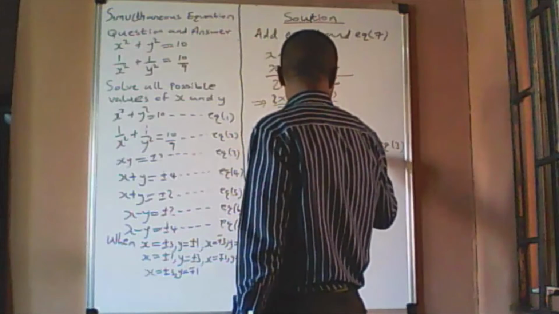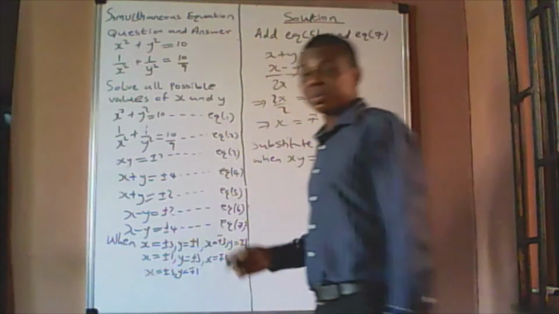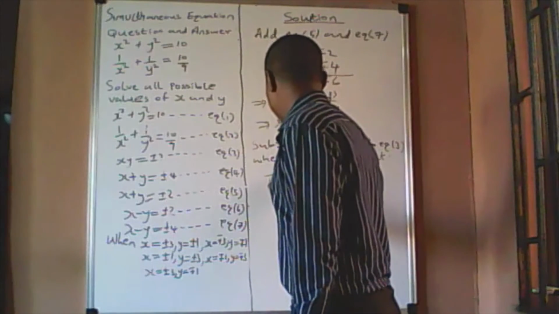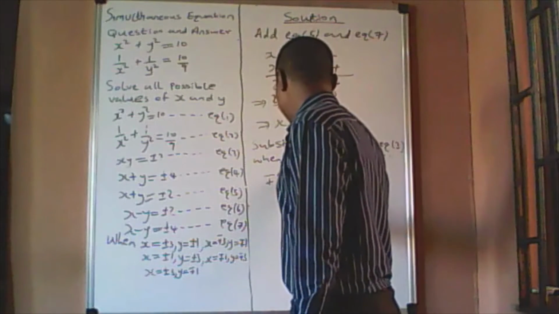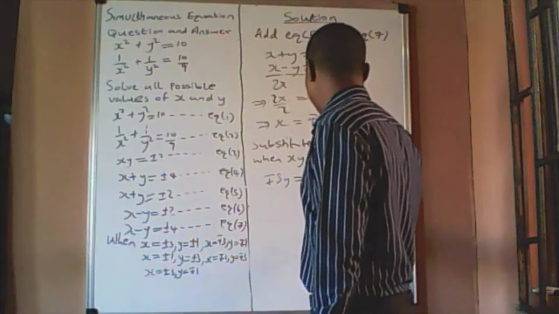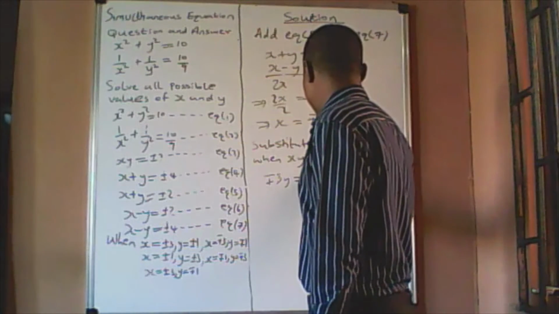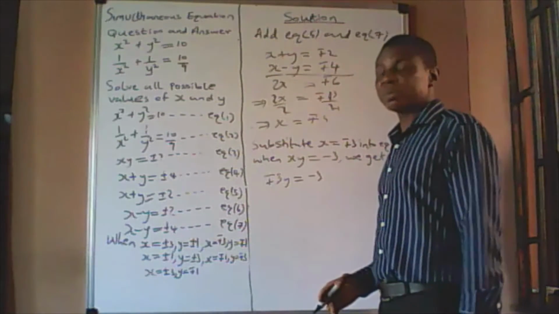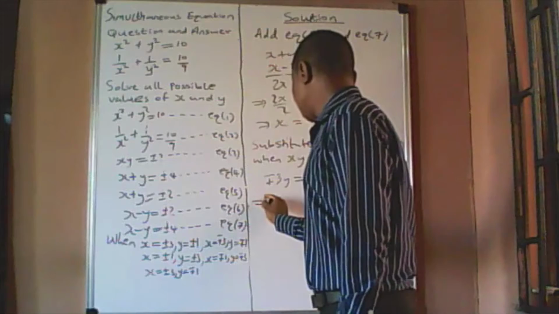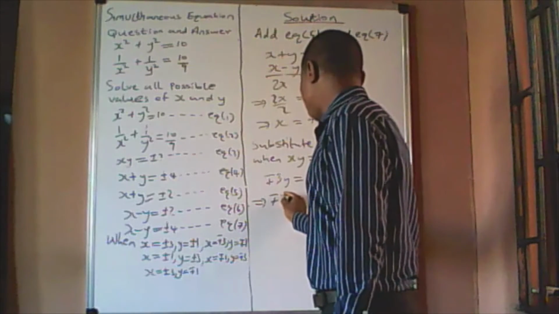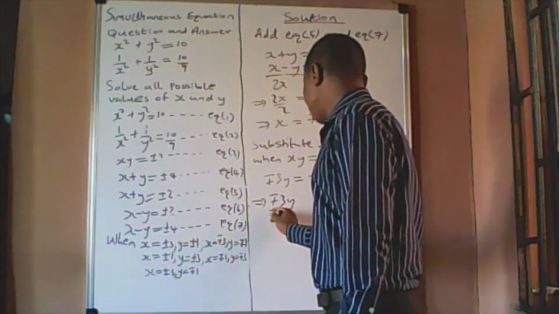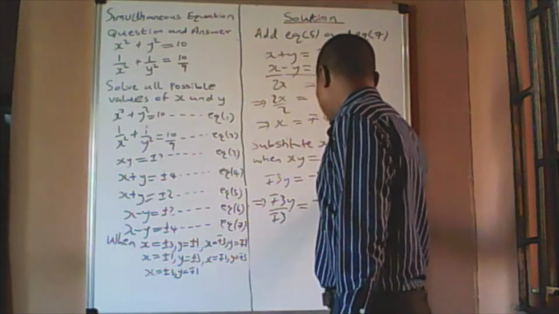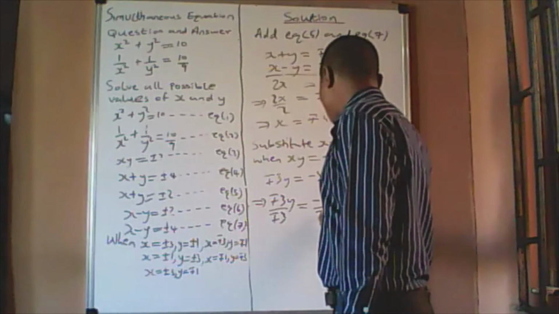We get minus or plus 3y equal to minus 3. We divide both sides by minus or plus 3. We get minus or plus 3y divided by minus or plus 3 equal to minus 3 divided by minus or plus 3.